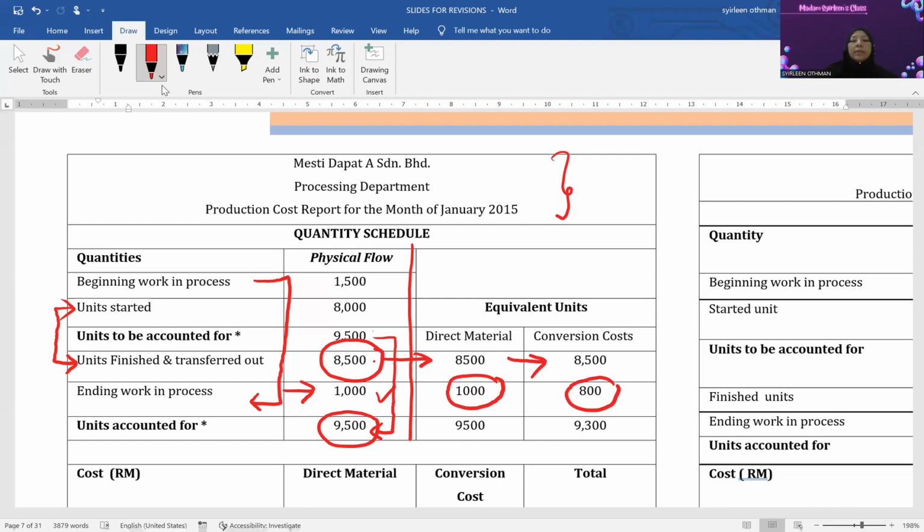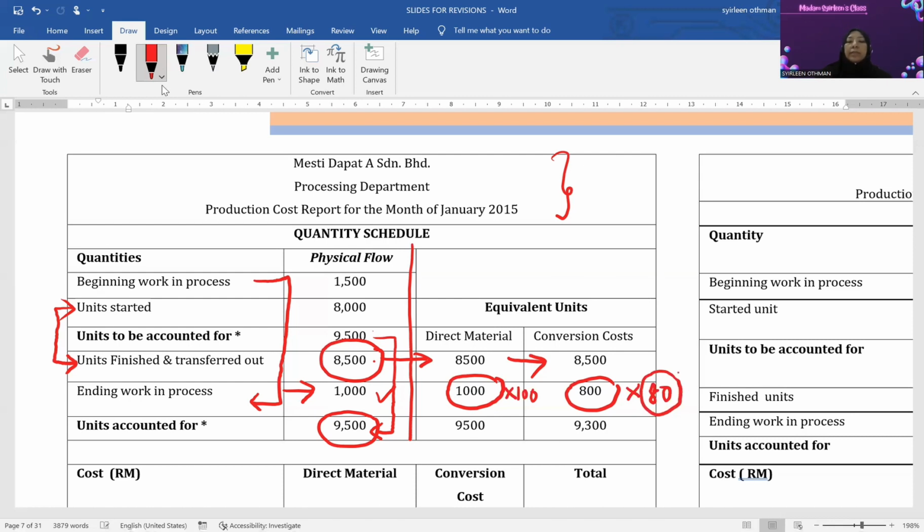Direct material percentage of completion dia ialah 100%, so saya akan dapat balik nilai 1000. Tapi conversion cost, my percentage of completion is actually 80% saja. So 80% multiplied by 1000, you get 800 units. Jadi for conversion cost, the ending work in process unit is 800 only, based on the percentage of completion.